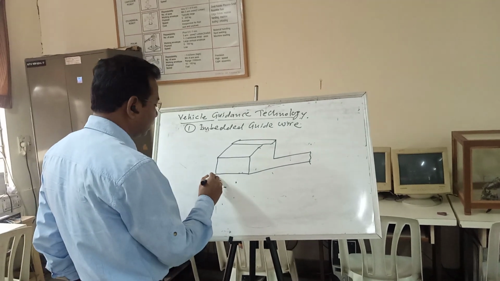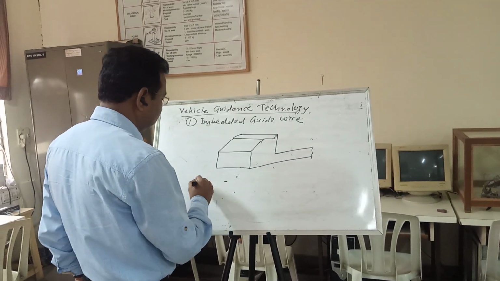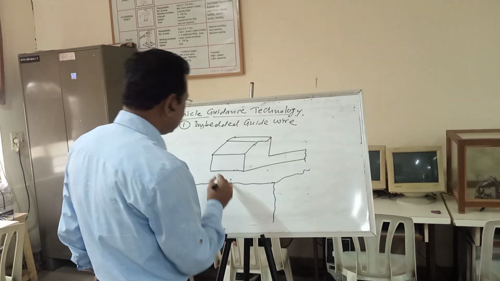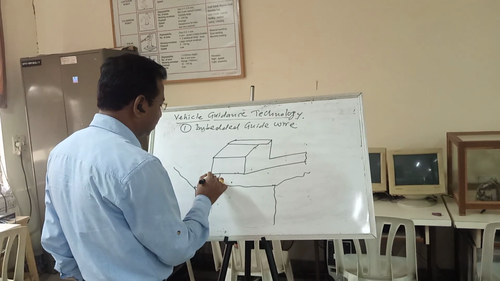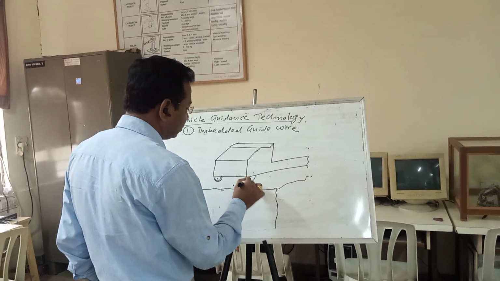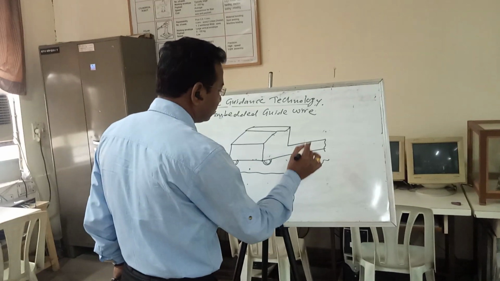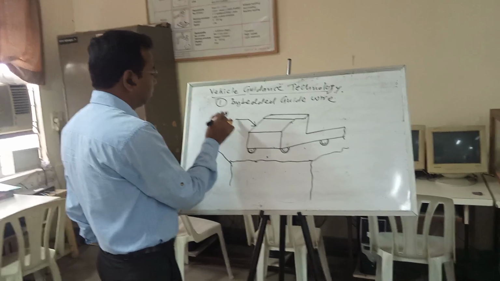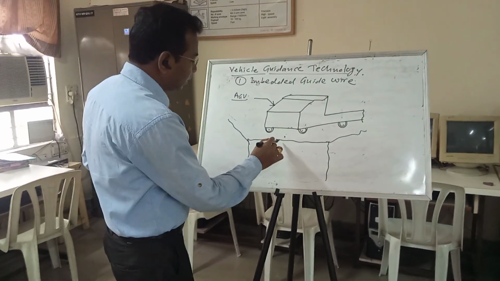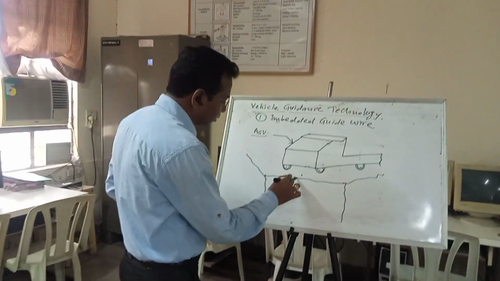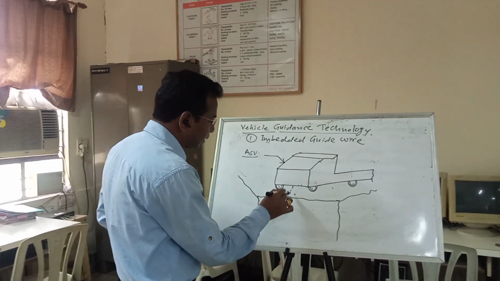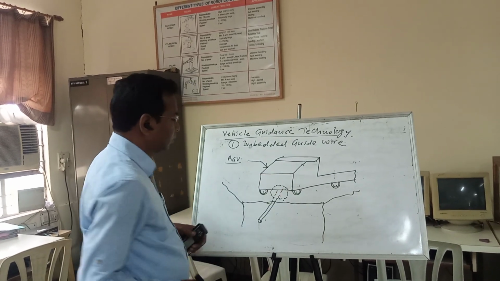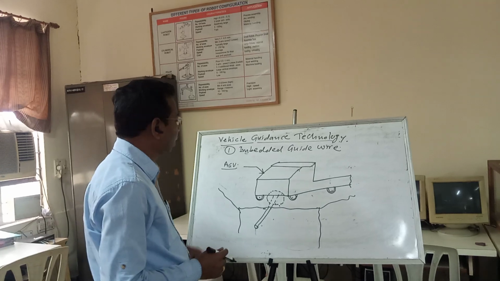This is the AGV vehicle; these are the wheels of the vehicle. It consists of the guide wire, and these are the circuit of that.